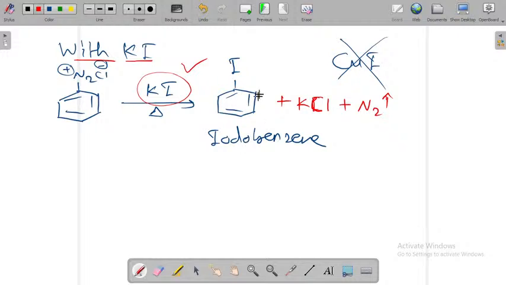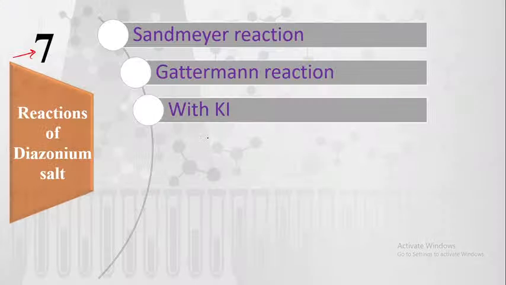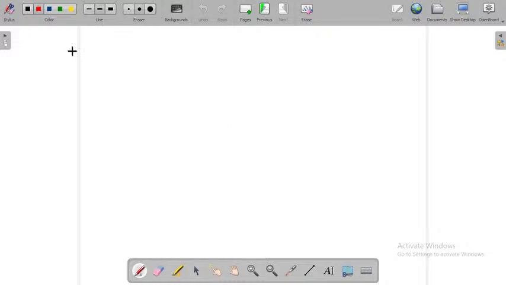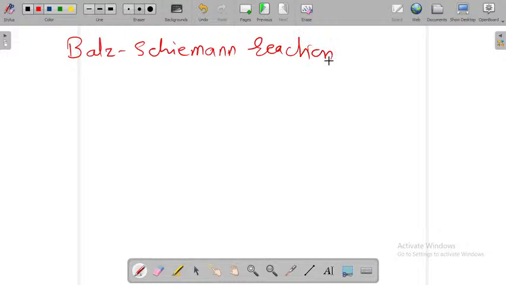We'll see the next reaction: the Balz-Schiemann reaction.